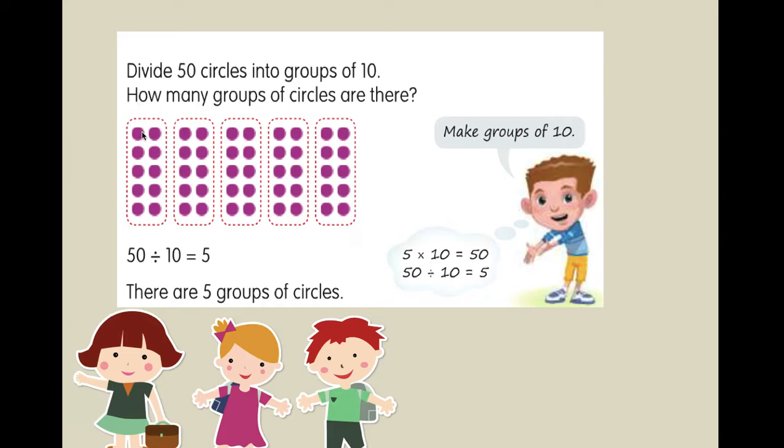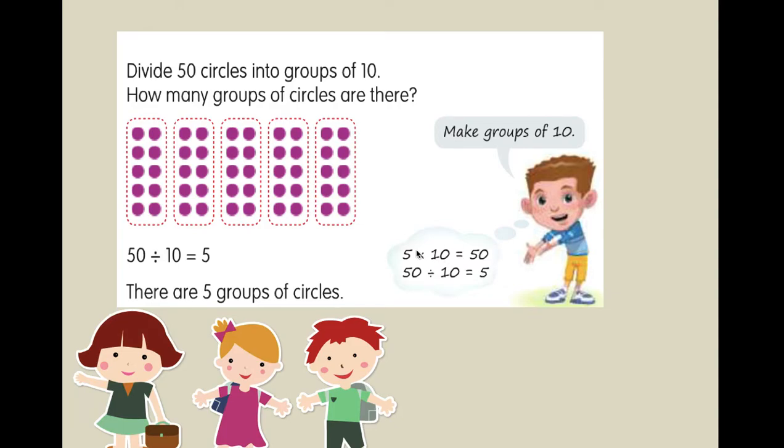We got 1, 2, 3, 4, 5 groups. Well done. And now, once you're done with this, you have to show the number sentences in your work, which is very important.